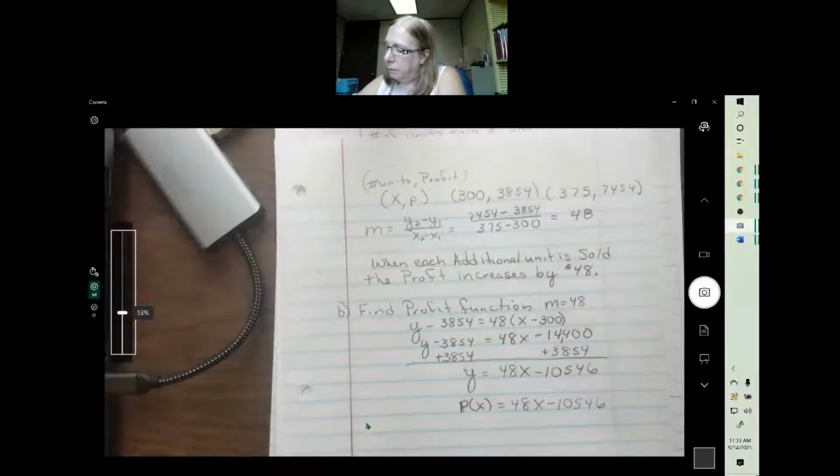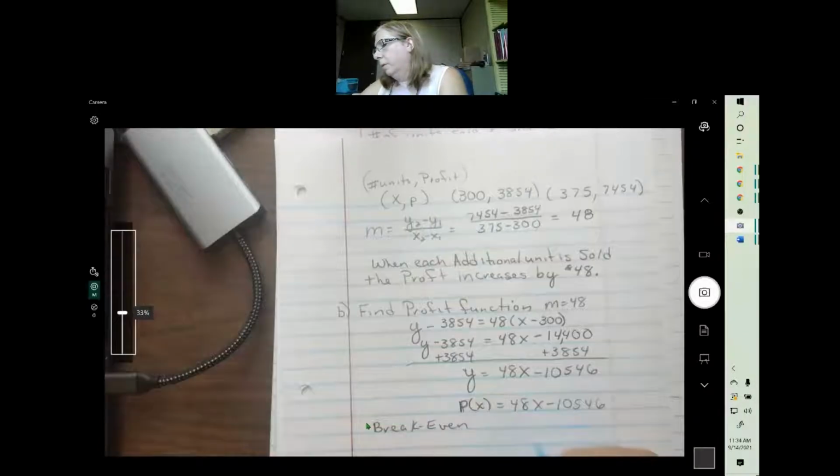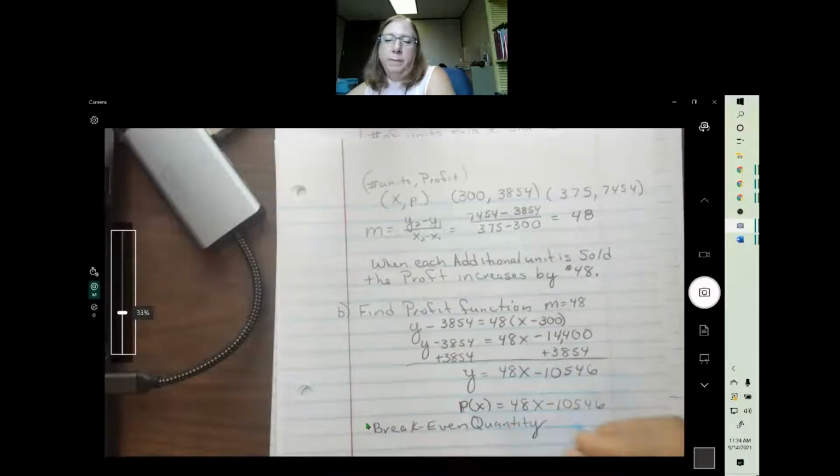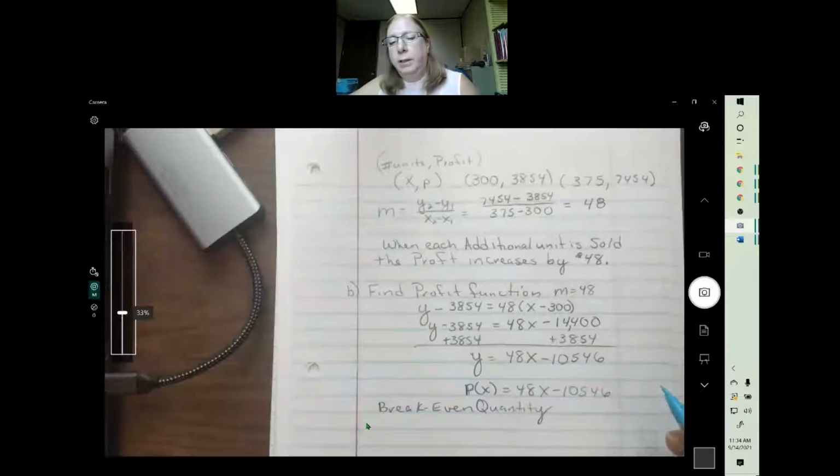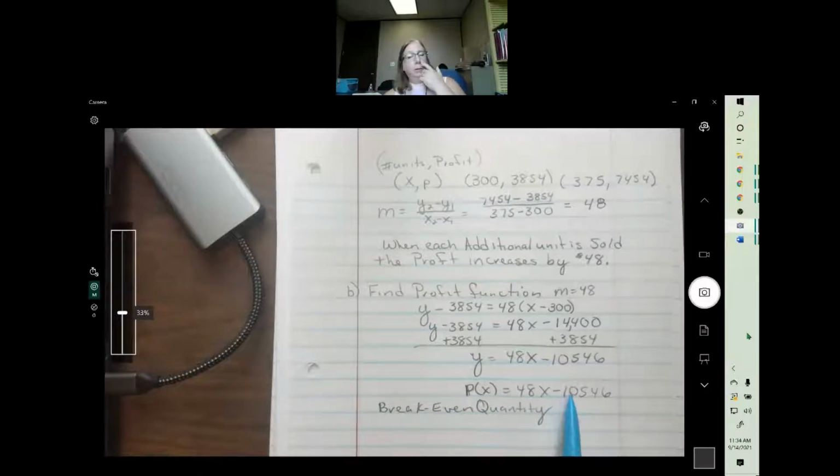I'll break even. I think it's in another problem, but this is a good one to do it for. When you have profit and you want to find the break-even quantity, you set it equal to 0. Because when your profit is 0, you no longer owe money. You no longer owe this 10,546. You've actually paid it off.